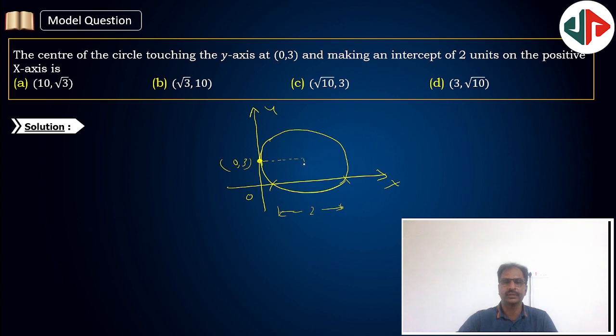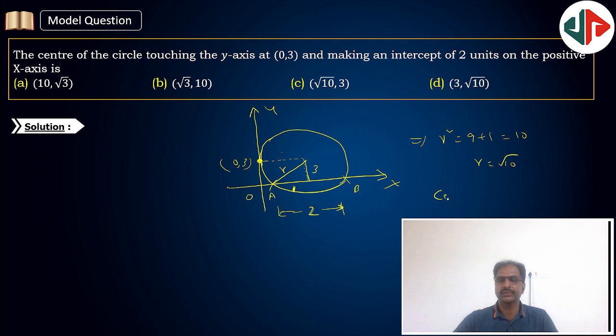Circle is touching y-axis at 0, 3 and making an intercept of length 2 units on positive x-axis. So this distance is given as 2, so this will be 1. This is radius. This is 3. This is 1. So from this right angle triangle, r square is equal to 9 plus 1. So r is equal to root 10.